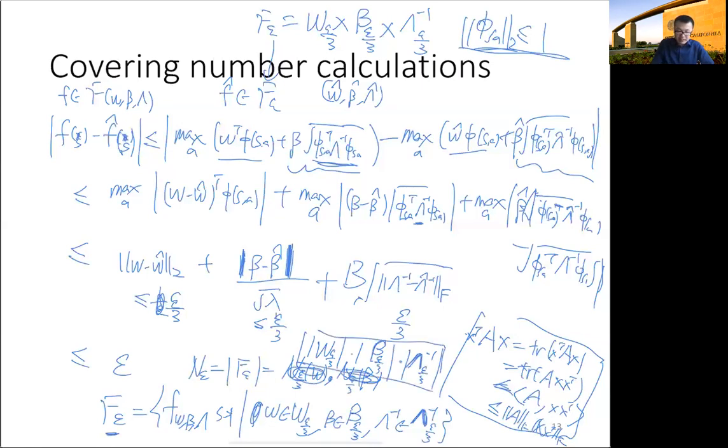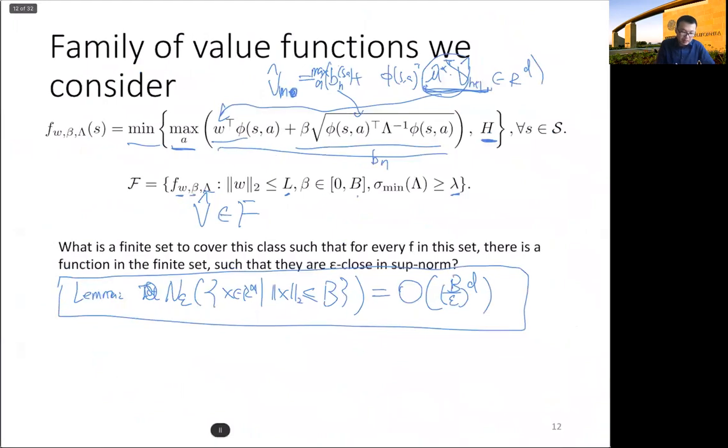Now is the time to apply the previous lemma. So notice that all these are Frobenius norm, like absolute value, and Euclidean norm, right? So they're all Euclidean norm if we vectorize these matrices, and then we can just apply this lemma. And by applying this lemma, we can choose this epsilon in any way that we want, and then with a carefully chosen B parameter to tailor to the specified input space.